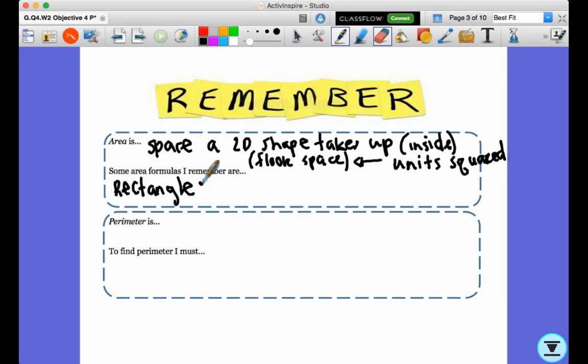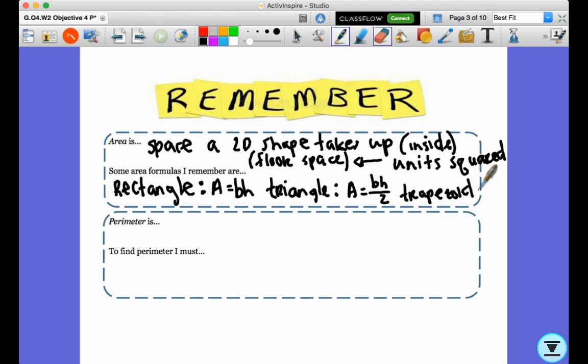What about a rectangle? Area was base times height. What about a triangle? Area was base times height divided by 2. What about a trapezoid? Now I'm going to go off the paper.